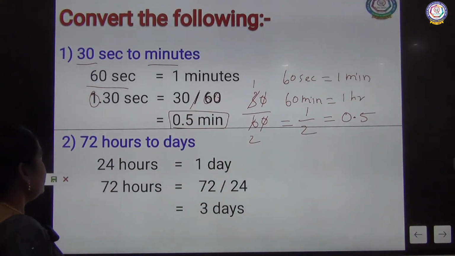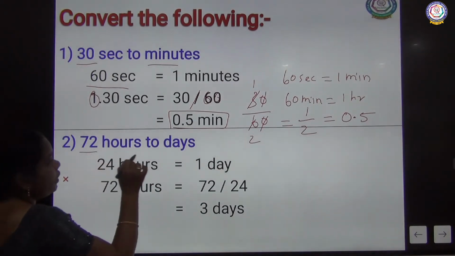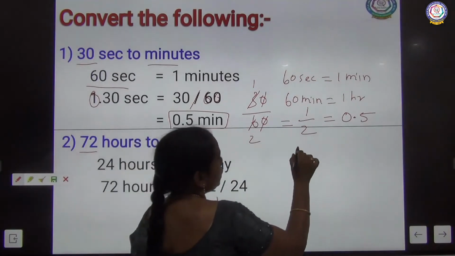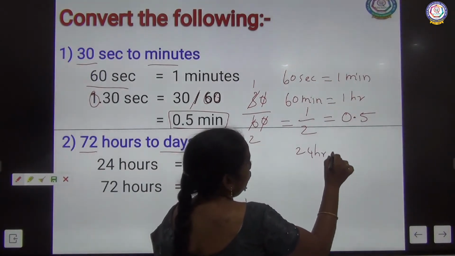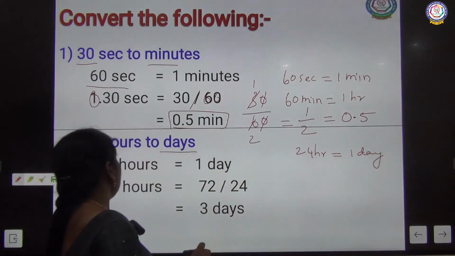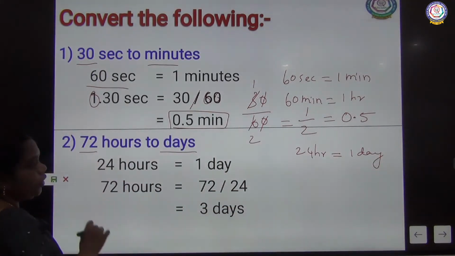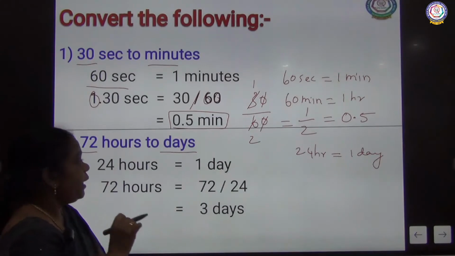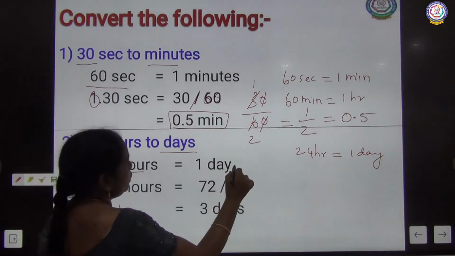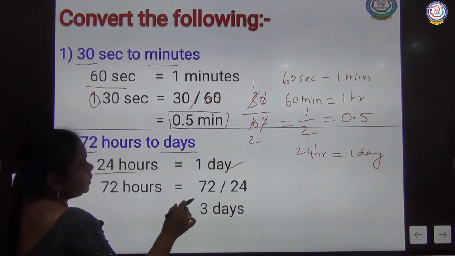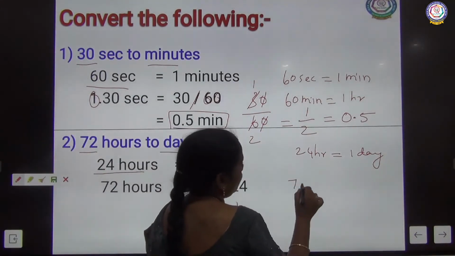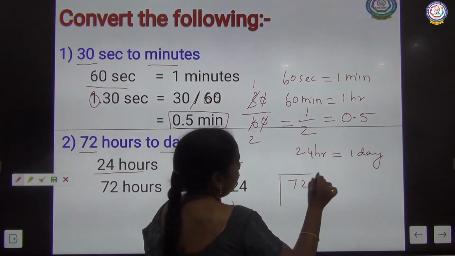And then you want to convert hours into days. 24 hours equal 1 day. So now you want to calculate how many days are in 72 hours. 24 hours equal 1 day, so 72 hours equals 72 divided by 24.